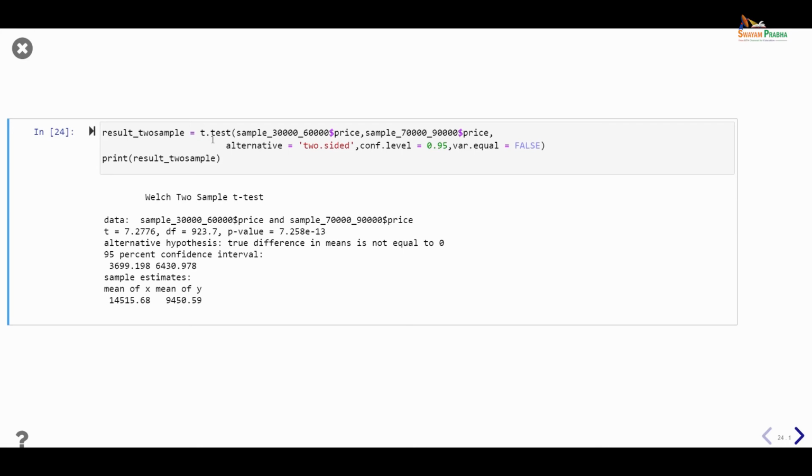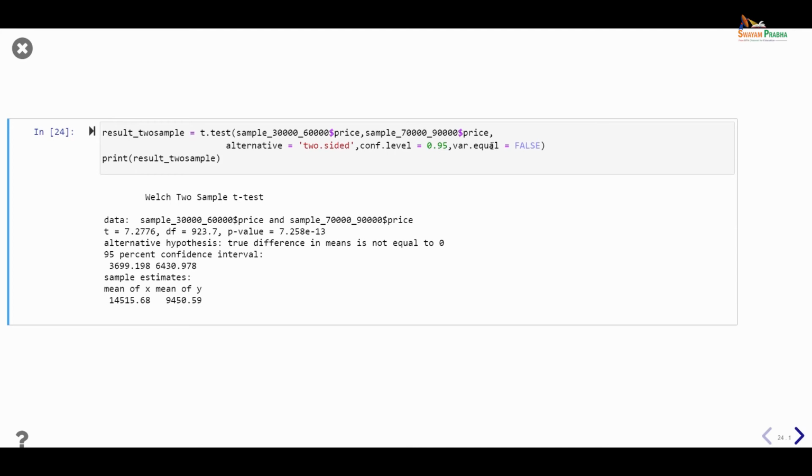So again, I'm going to use the same t.test function. Now you need to give two inputs to this. I'm giving the price from both these data frames, which is sample_30000_60000 and sample_70000_90000. The alternative is two-sided because we want to check whether they are equal or unequal. Confidence level is 0.95 because our assumed significance level is 0.05, and 1 minus that gives you the confidence level.